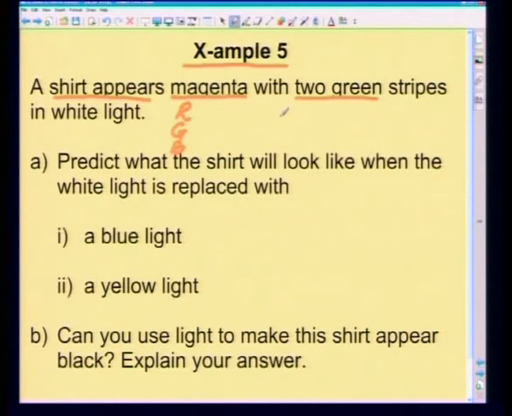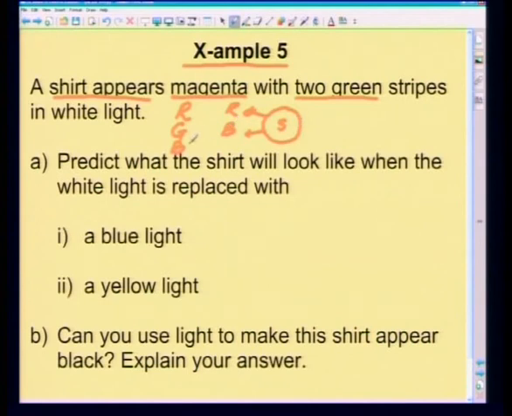But then magenta, we know, for it to appear magenta, it means 2 colors are reflected back. And what 2 colors gives us magenta? The 2 colors that gives us magenta is red and blue. So it means that the shirt here is reflecting red and blue, okay?